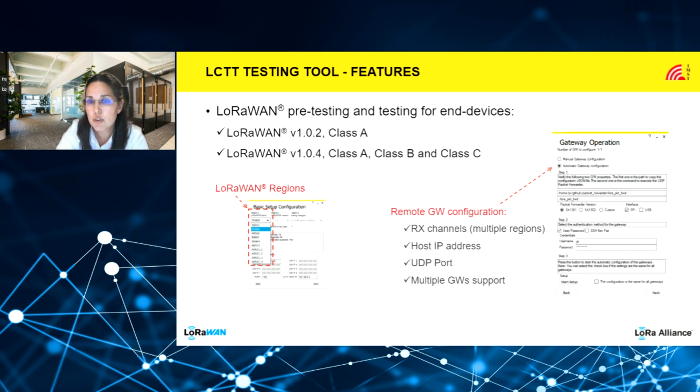And an important feature is also the remote gateway configuration, which will allow you to automatically configure the gateway with the selected receive channels and the correct address of the LCTT computer in order to ensure that the gateway is correctly configured and all the tests will be possible.